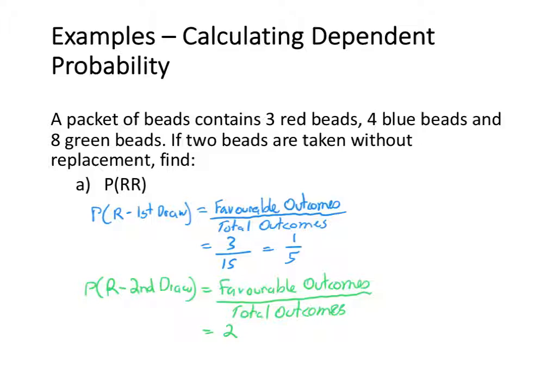So there's going to be 2 over 14, which can be simplified to 1/7, because on my second draw I've only got 14 beads left in the bag, so my total outcomes is 14. So the probability of getting a red on my first draw is 1/5, and the probability of getting a red on my second draw is 1/7.